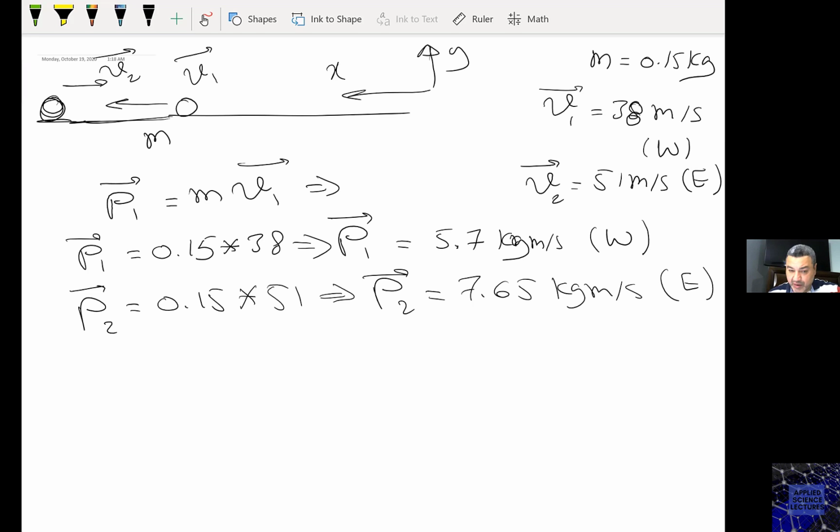The change in the momentum, delta P, is P2 minus P1.